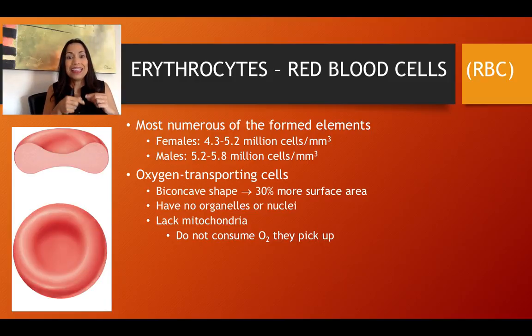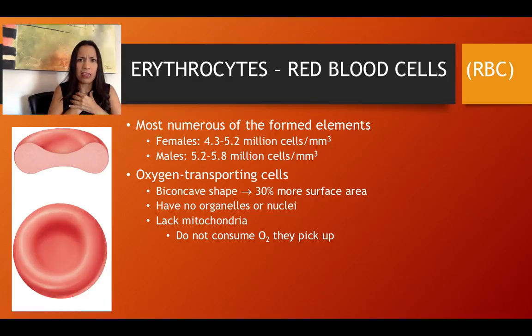Now, the lack of mitochondria avoids that probable competition that would take place if the red blood cell had mitochondria. The mitochondria would compete for the oxygen, and it would keep some for myself, to power my cellular processes, and I would give the tissues a little bit.